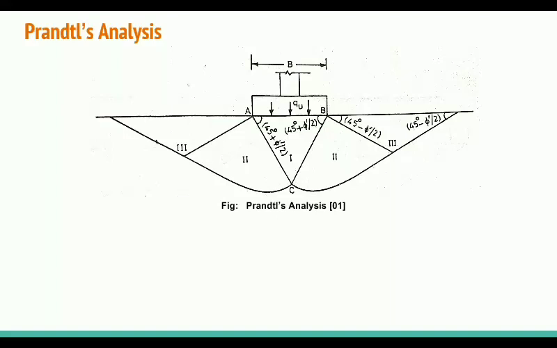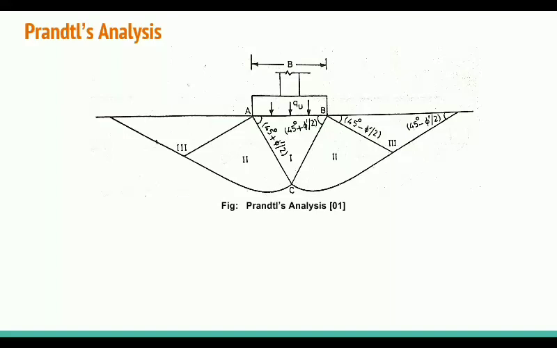In this case, there is another assumption also, that the soil in zone 2 is in plastic equilibrium. And then zone 2 pushes zone 3 upward. So the whole phenomenon is like that.